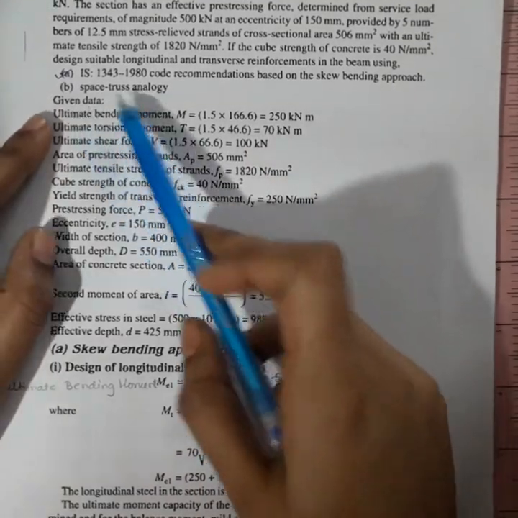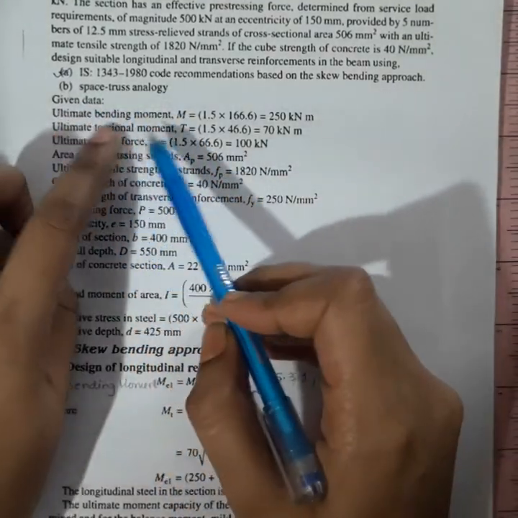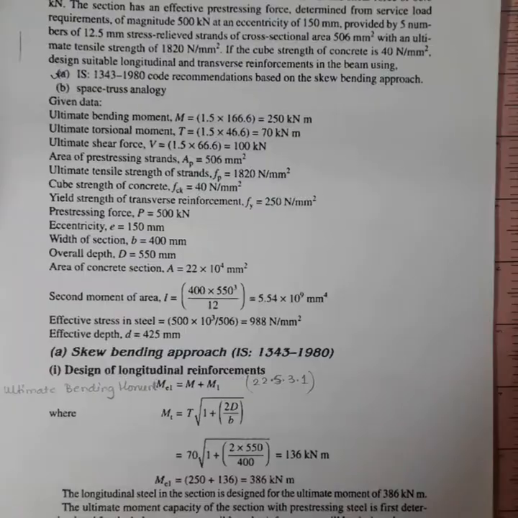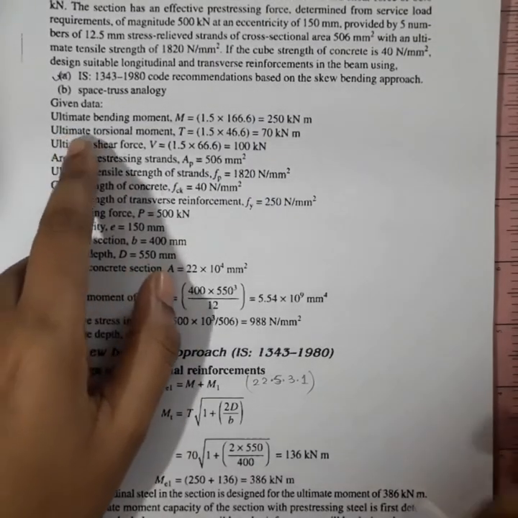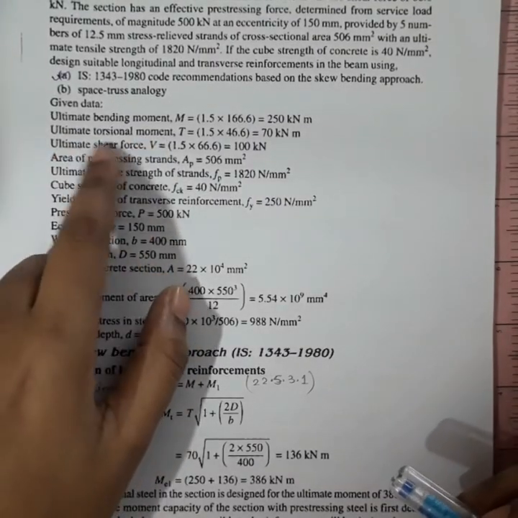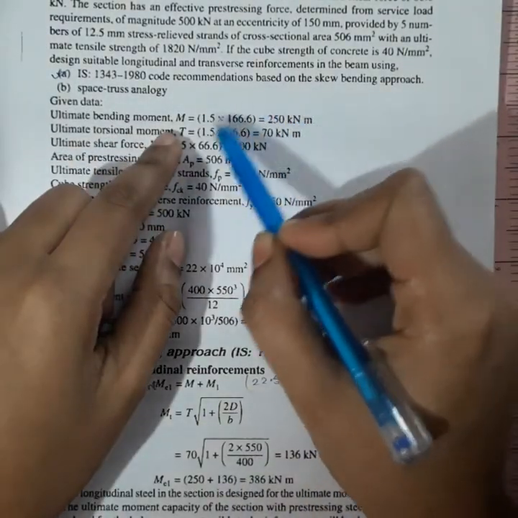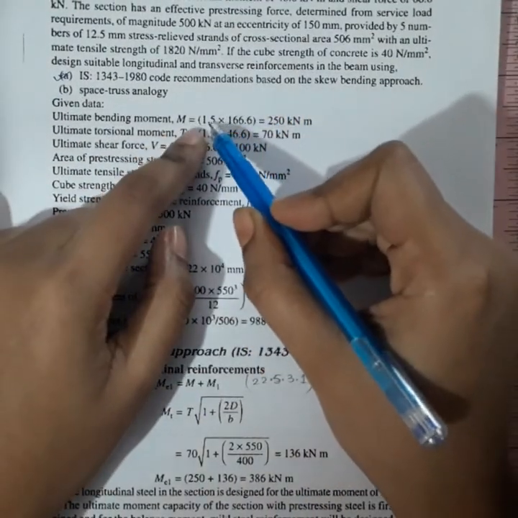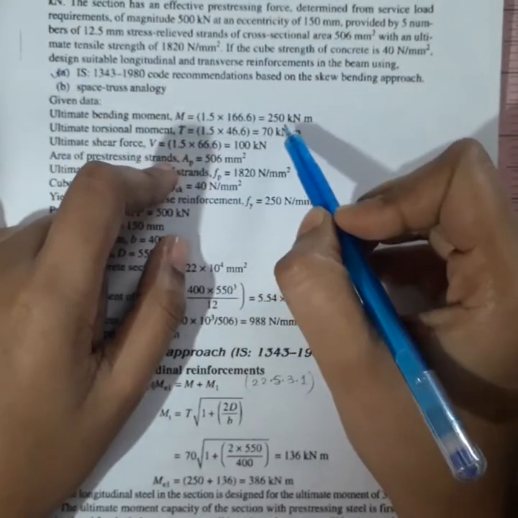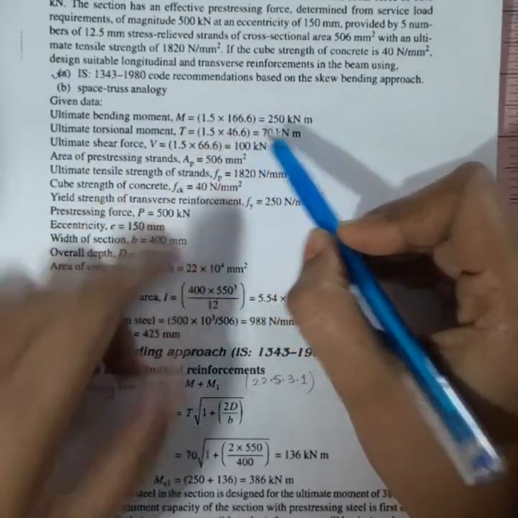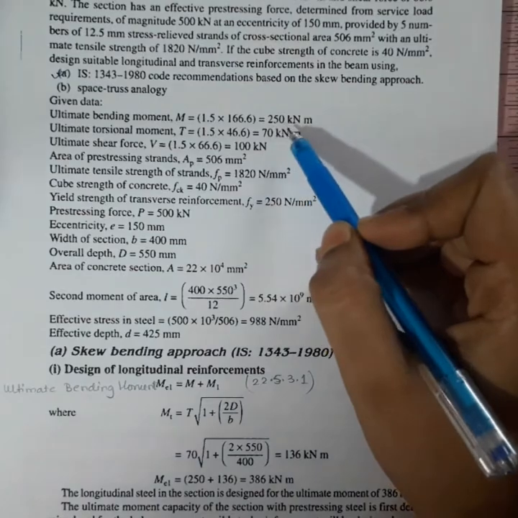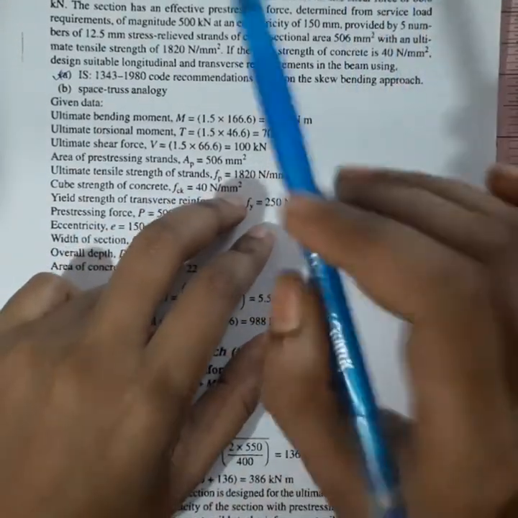So these are the given data where the ultimate bending moment, ultimate torsional moment, ultimate shear force, these all are calculated by multiplying with the 1.5 factored load. So we have considered the factored load while designing this.